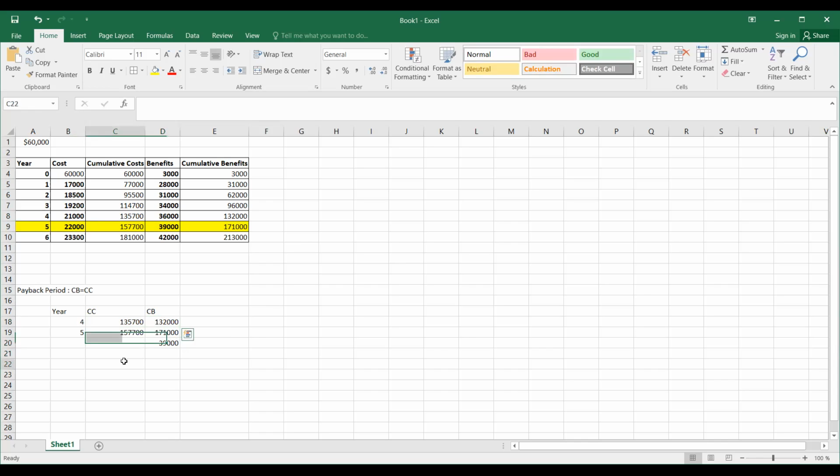So 135,700 minus 132,000, I get 3,700. That means if I add another 3,700 to the value of 132,000, I should be able to get the total break-even point. So what do we do next?